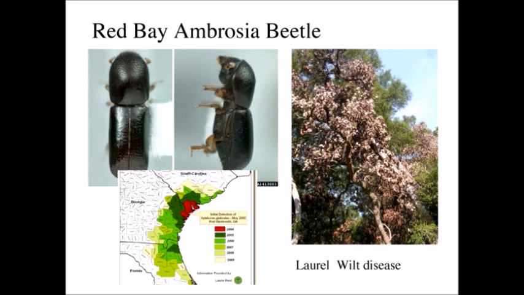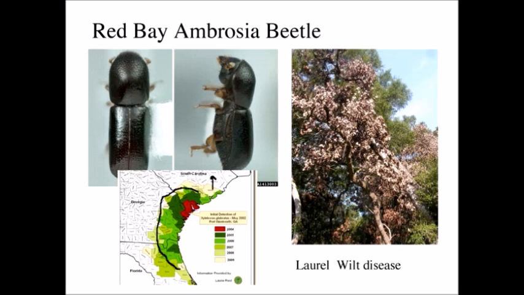Then we have the red bay ambrosia beetle, and this was, I can't remember the date, 1999, okay, a couple of years ago. It was introduced down here near Charleston area or so, and it is mostly a problem down here in this area, but you see it's starting to go north from South Carolina.